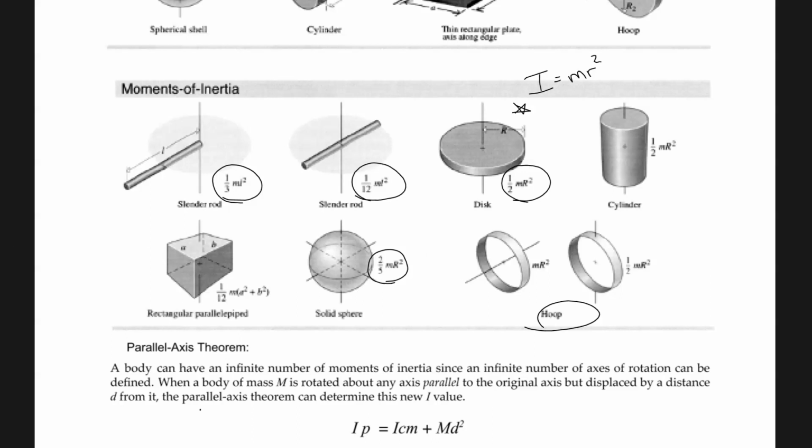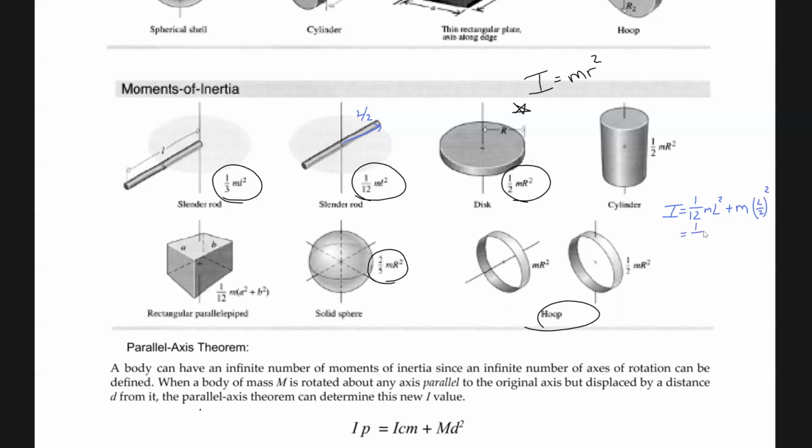So if we take our slender rod, the moment of inertia for our thin rod is 1/12 ml squared. Well, if I move it out to the end, we have m, and we're shifting it out L over 2. So we're going to have L over 2 quantity squared.